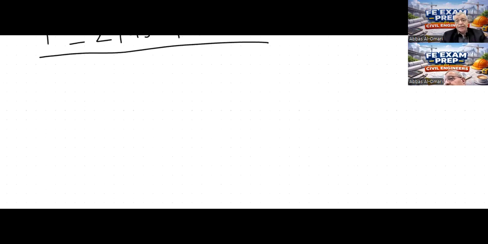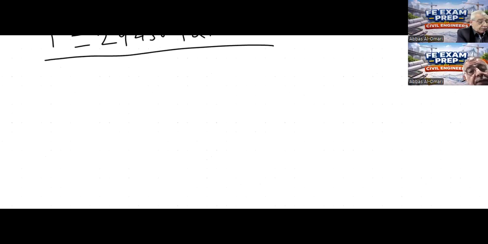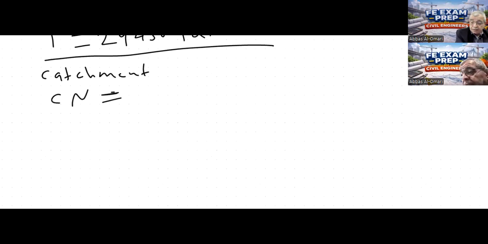Again, this is about the curve number method. We have a catchment with a curve number equals 90, and we have the precipitation equals 80 millimeter.